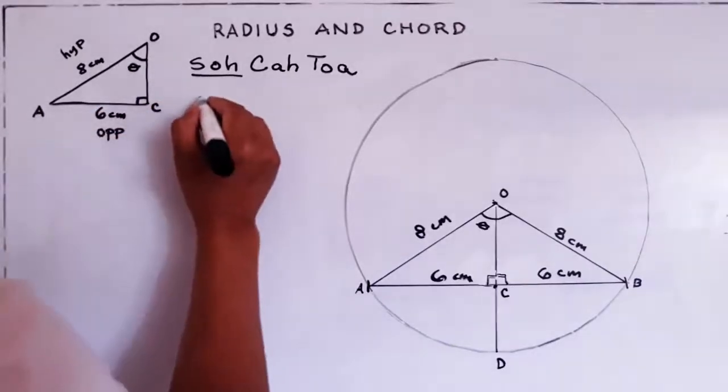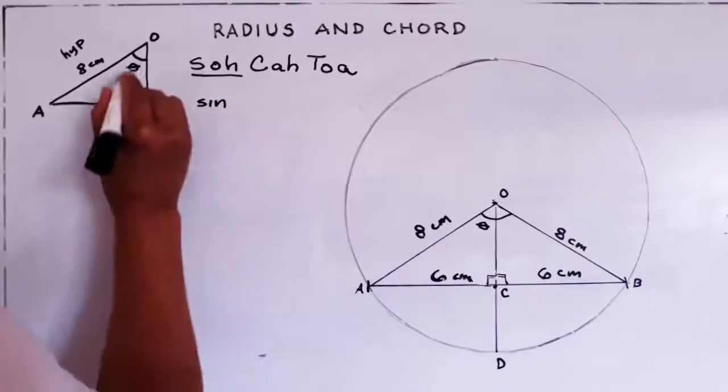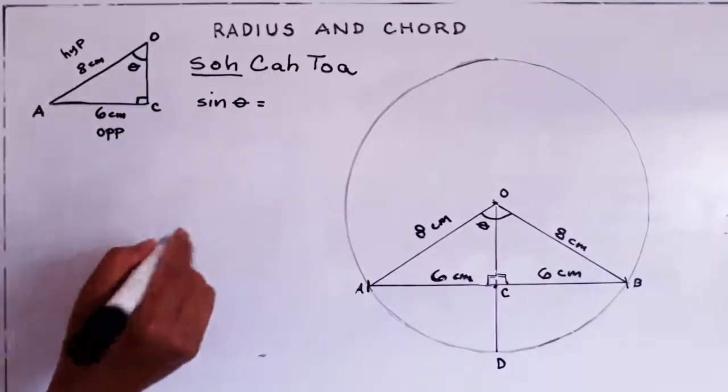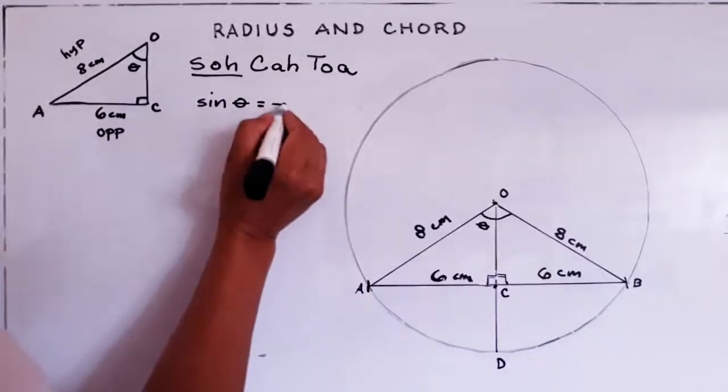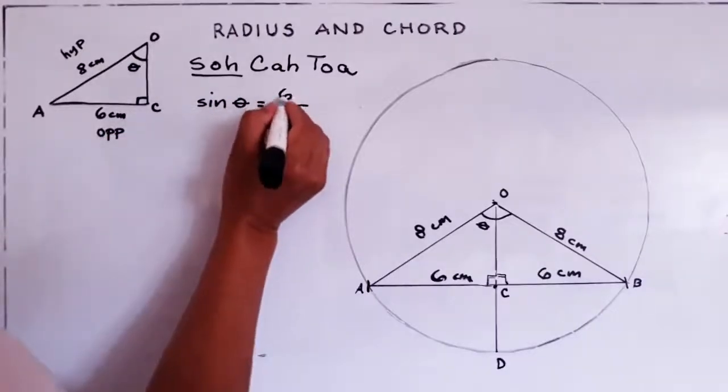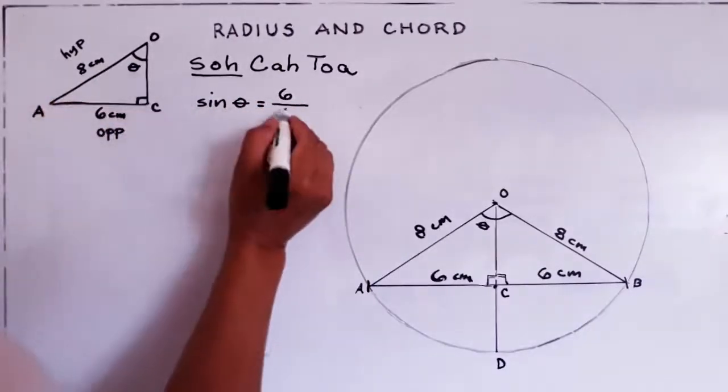So here we have sine of that angle theta, which is half of the central angle, is equal to the opposite. What is the opposite? 6. This one is 6, and the hypotenuse is 8.